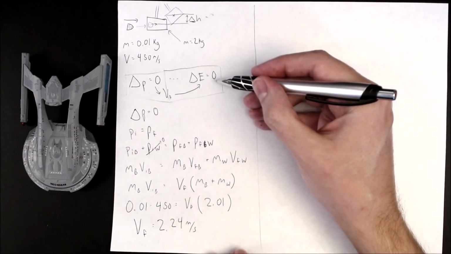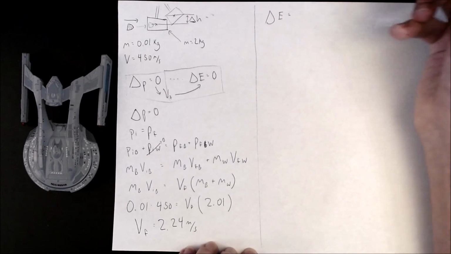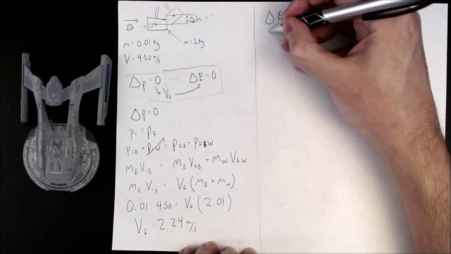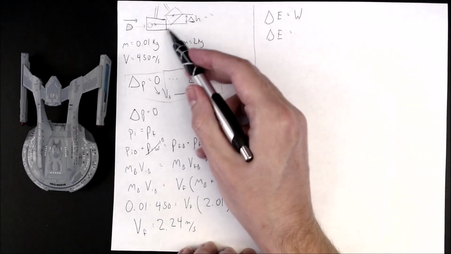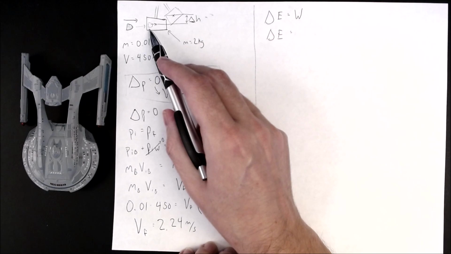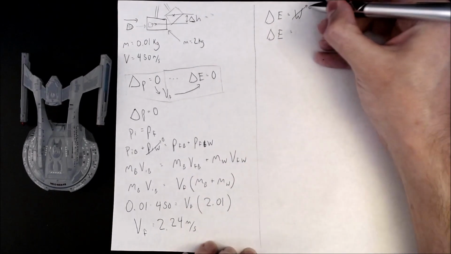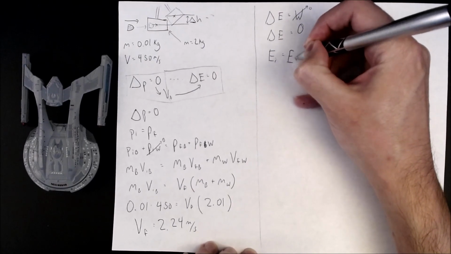We can use our delta E is equal to 0. So delta E, technically it's equal to work, but are there any forces coming in from the outside after the bullet has lodged itself in the block of wood? No. So that's 0, energy initial is equal to energy final.